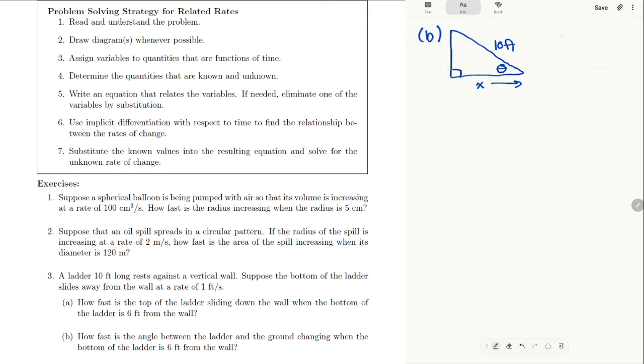And we're interested in knowing how fast the angle between the ladder and the ground is changing when the bottom of the ladder is 6 feet from the wall.